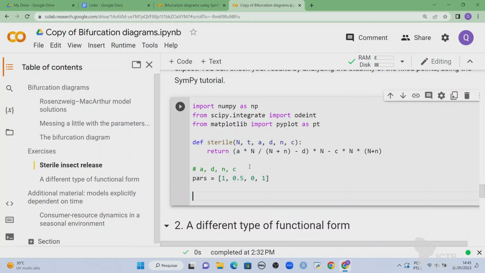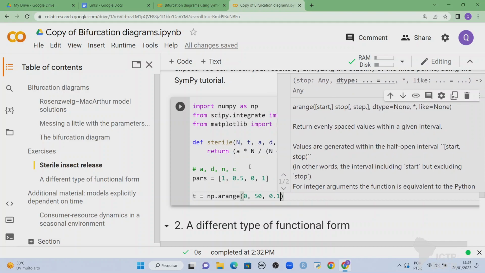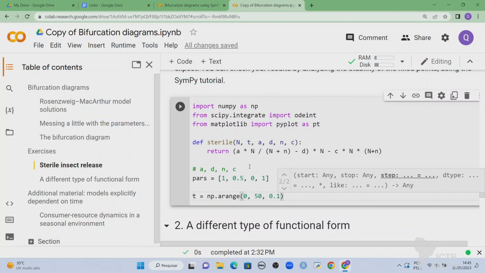Now, with that, I have to have time, okay? So time, I'll set on a range here, I don't know, 0 to 50 or something like that. Usually, this is a bit hard to guess, right? So I usually look at the plots and see if I need more time or less time, right?